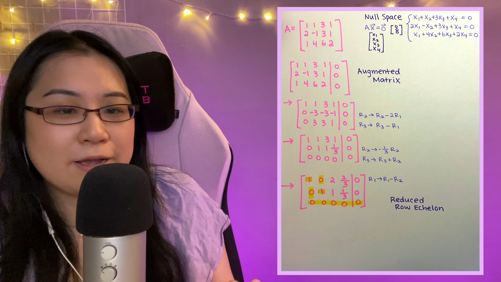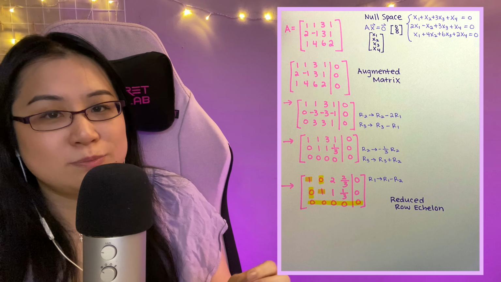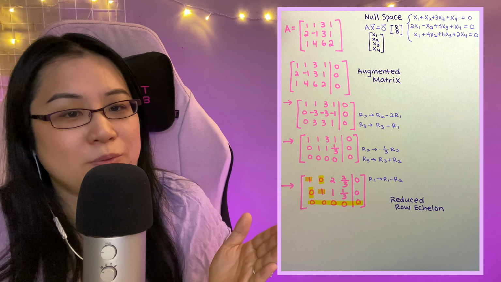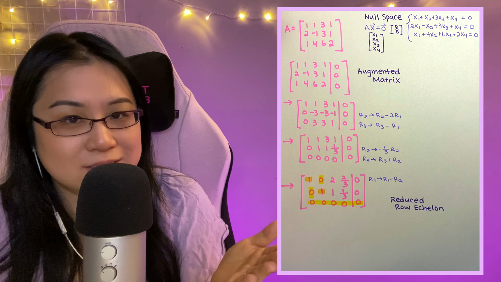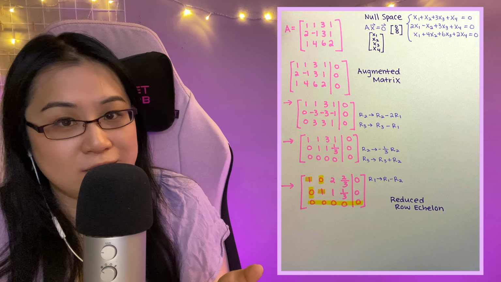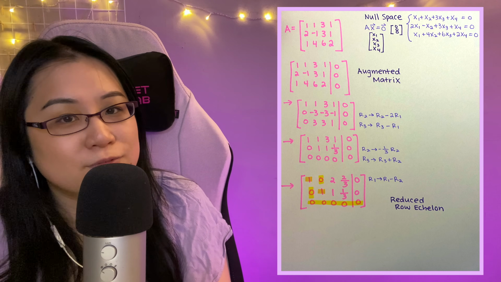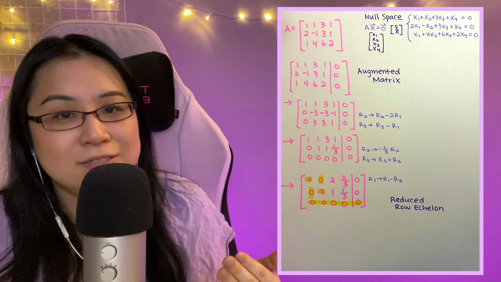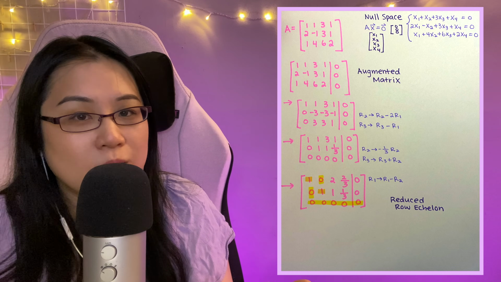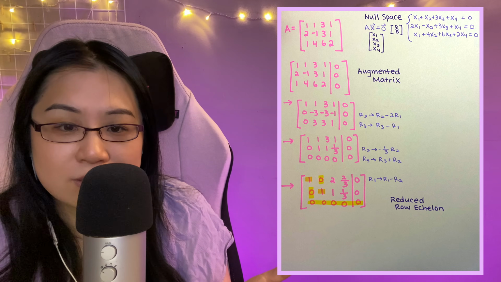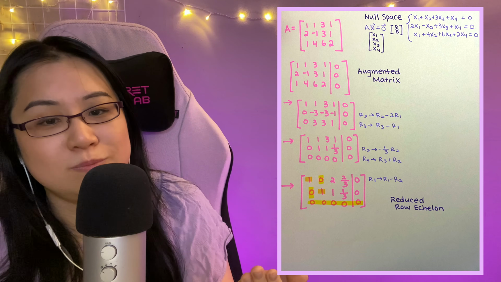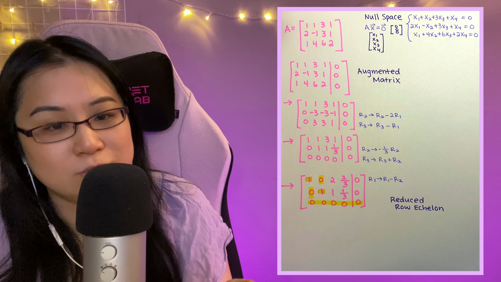For the next step, now we have zeros below this leading 1, but now we want the second row's leading term to be 1 as well for reduced row echelon. So we scale this -3 down to 1 by dividing by -3 or just multiplying by -1/3. So we do row 2 becomes -1/3 row 2.